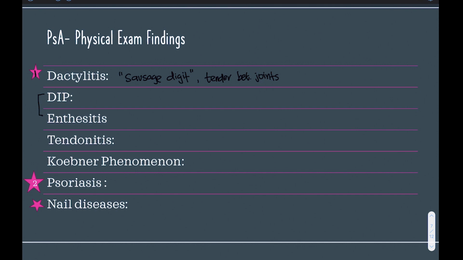So enthesitis just means that there's an inflammation at that attachment site. Examples of enthesis will be Achilles tendon attaching to the calcaneus bone, plantar fascia attaching to the calcaneus bone, or epicondyles will be another site you could look for on exam. Spine also has enthesis, so where the Sharpey fibers attach to the vertebral bodies, that's a potential site for enthesitis.